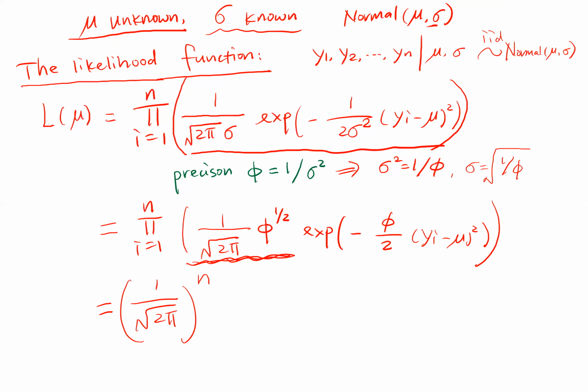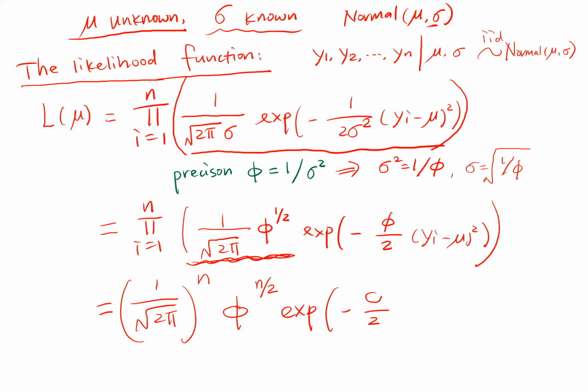And phi to the power of half raised to the power of n will be phi to the power of n over 2. What's important now is the exponent. If you multiply multiple exponential functions together, it's going to be one large exponential with all of the terms summed up in it. This is algebra, so make sure that you are familiar with it.